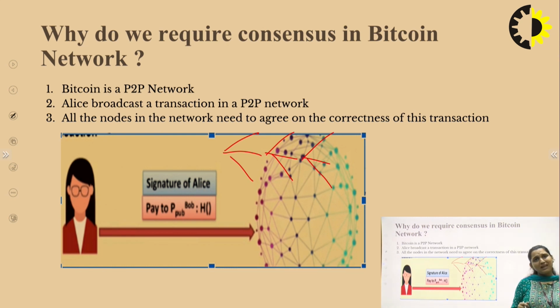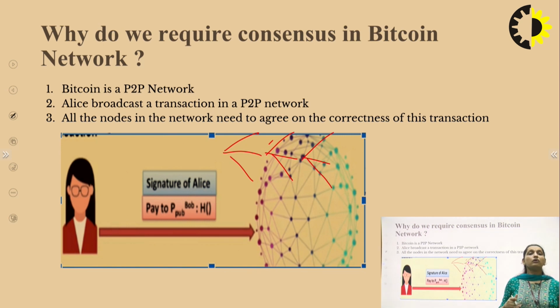Alice tells the neighboring nodes that Bobby has paid her, using Alice's signature and the hash function formalities. Then all that message is flooded into the network.